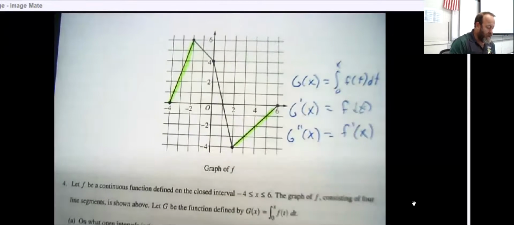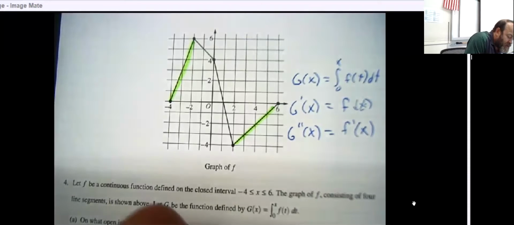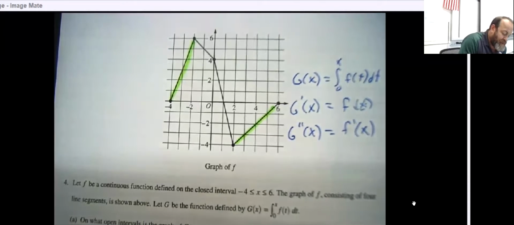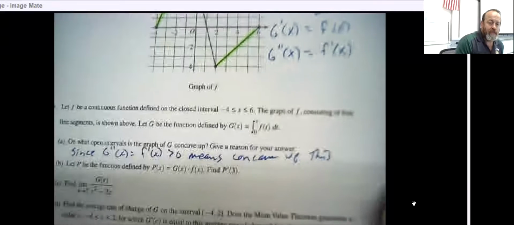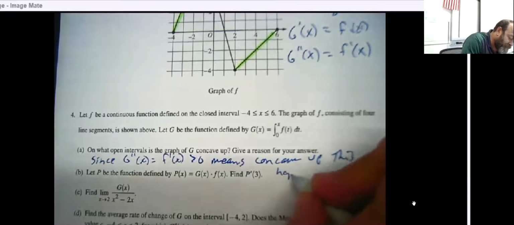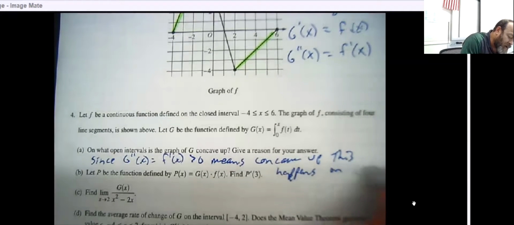And so the answer to part A is actually quite simple. Since g double prime of x equals f prime of x being greater than 0 means concave up, we could say that this happens on x values between -4 and -2, as well as values of x between 2 and 6, and we're done.